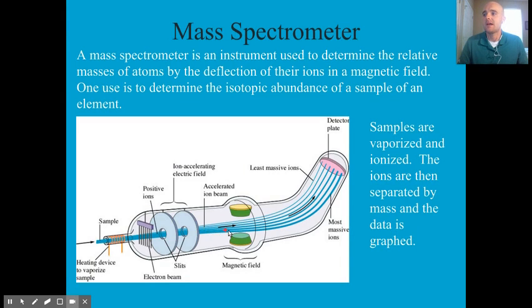The next thing it will pass through is the magnetic field. This magnetic field is specially calibrated for this sample, and it has to be calibrated every different time.